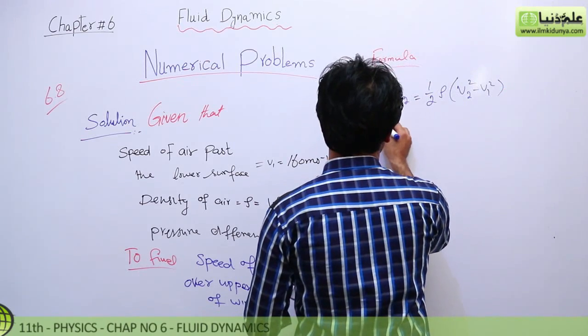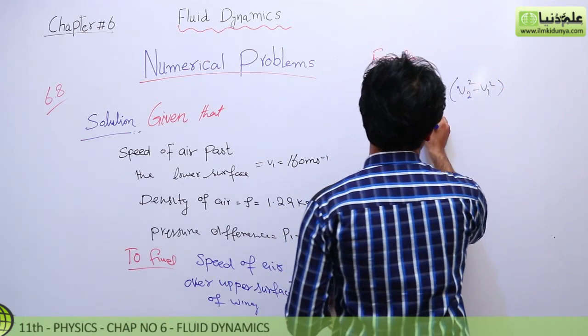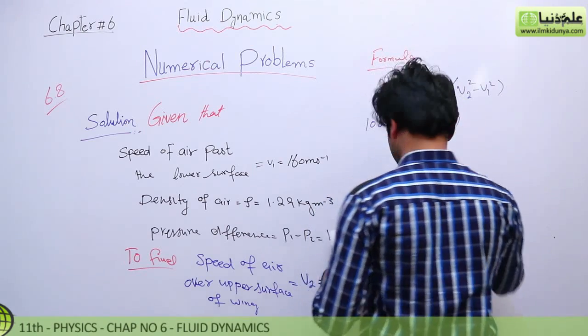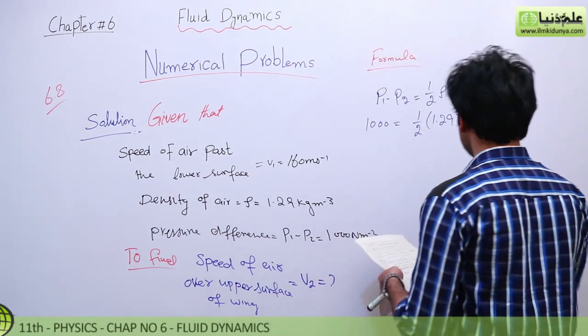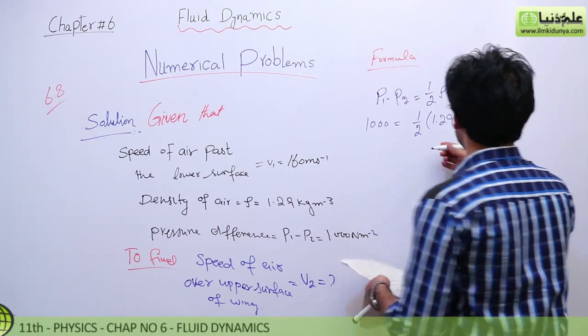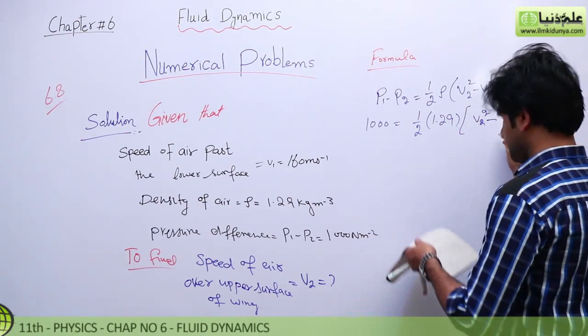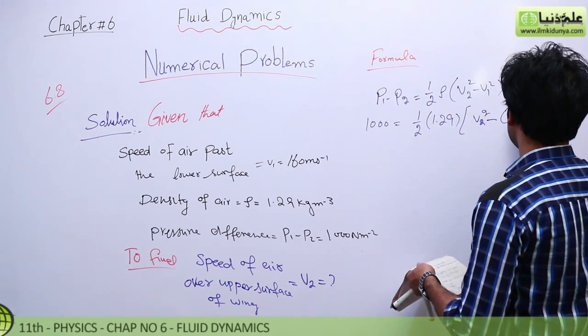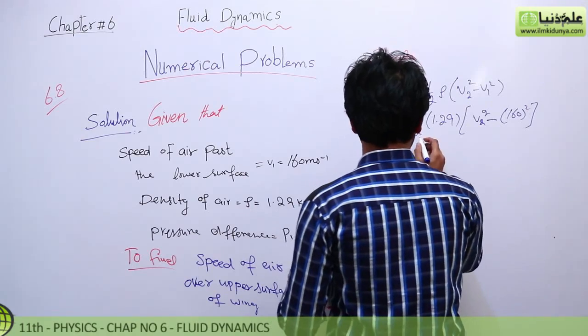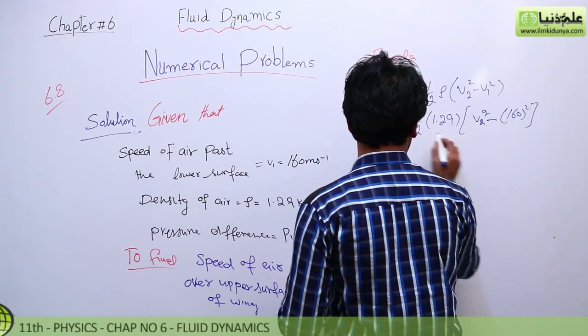Substituting the values, we will have to find out V2 square, and V1 is 160. We will take the square of this quantity.